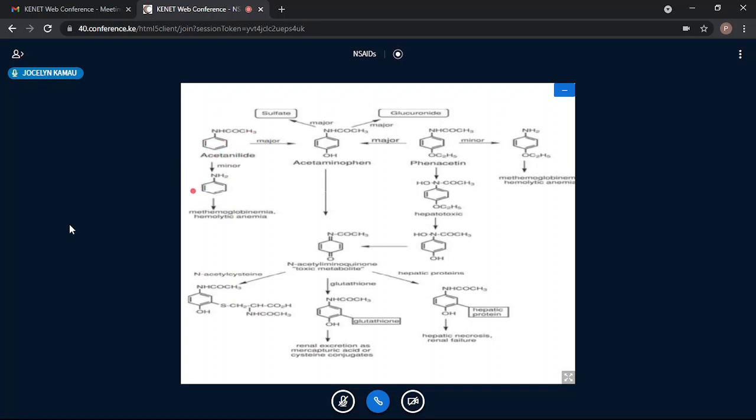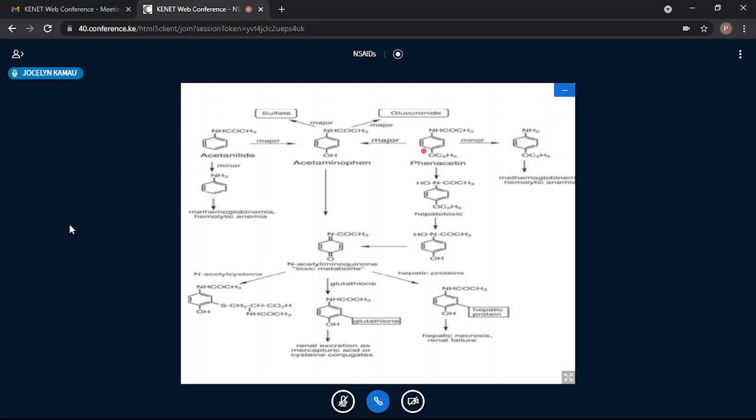But in a minor route, it can be metabolized through hydrolysis to aniline itself. And aniline is known to be very toxic, causing methemoglobinemia and hemolytic anemia. That is why, first and foremost, we ruled out the use of those two drugs.